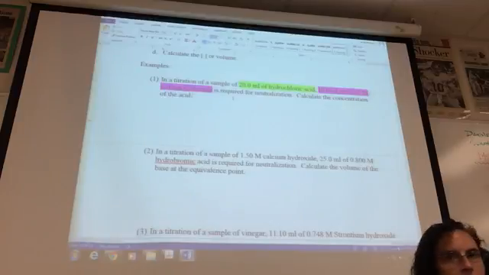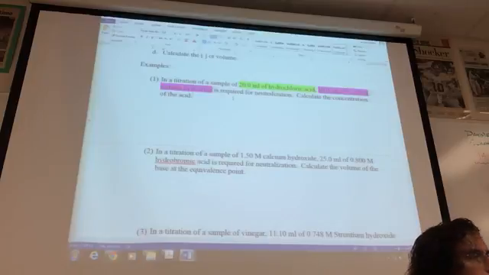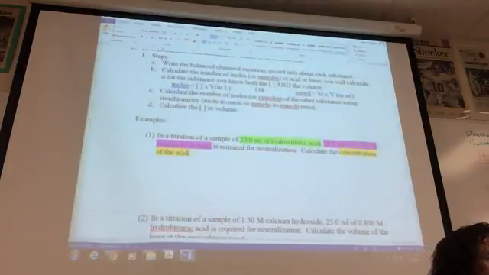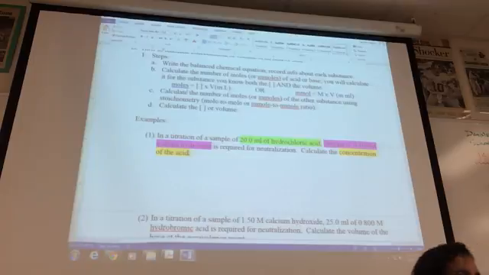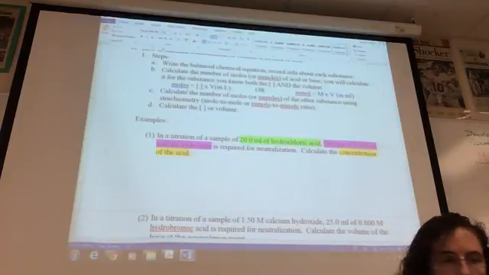At the neutralization point, the millimoles of acid and base will be stoichiometrically equivalent. We want to calculate the concentration of the acid, and we will do so using the steps on the screen, and we'll point them out as we go.